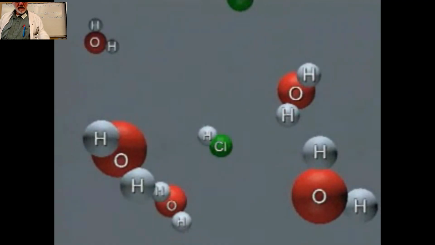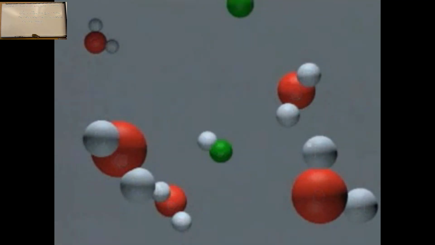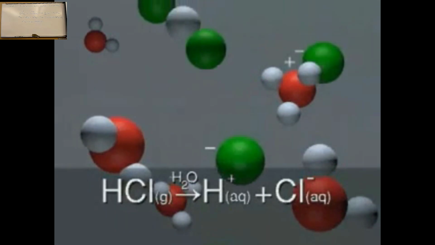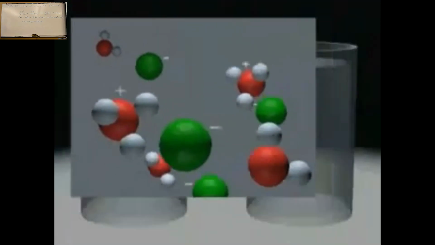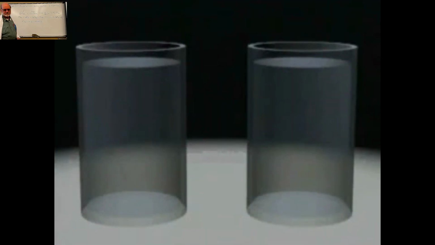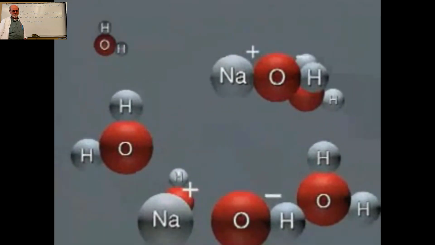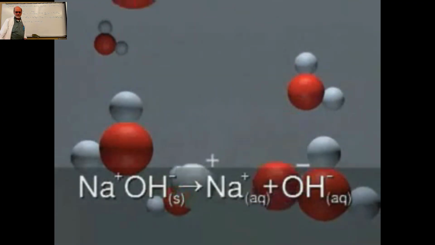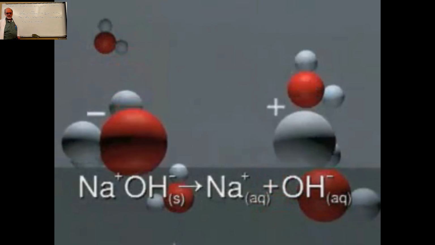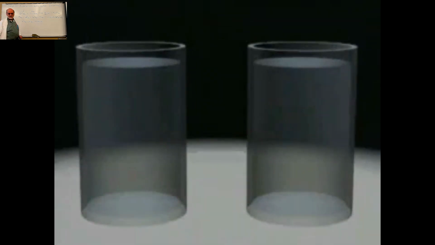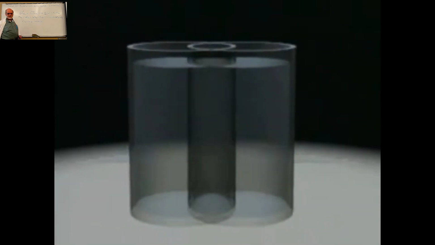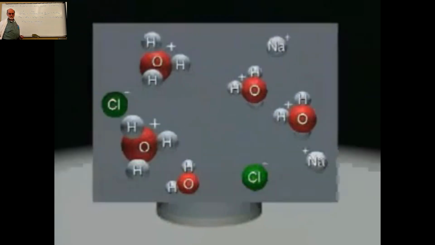Hydrochloric acid contains hydrogen ions and chloride ions in aqueous solution. Sodium hydroxide contains sodium ions and hydroxide ions in aqueous solution. When these two solutions combine, a neutralization reaction takes place.